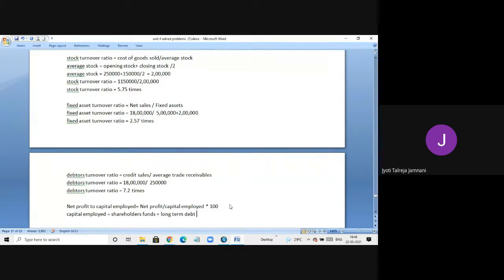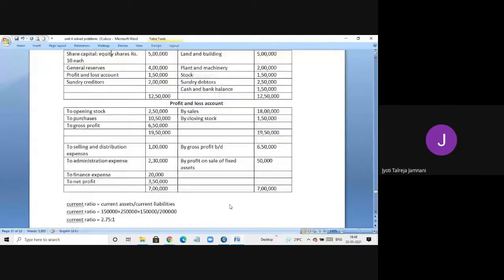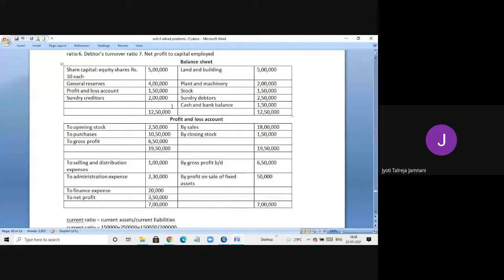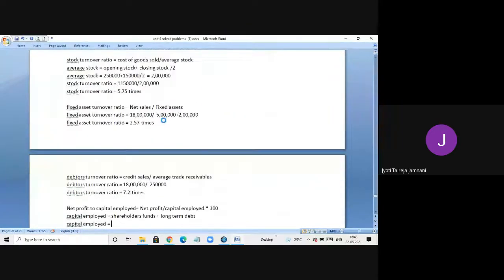So let's look at the question and see what all they have given. Shareholders' fund, in the previous problem I told you, is nothing but equity share capital plus reserves plus profit and loss account. So let's see the balance sheet. On the liability side, we have share capital 5 lakh, reserves 4 lakh, profit and loss 1,50,000. So we'll add all these three to get the shareholders' fund.